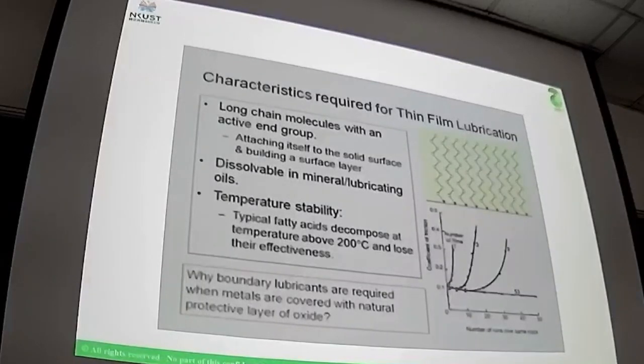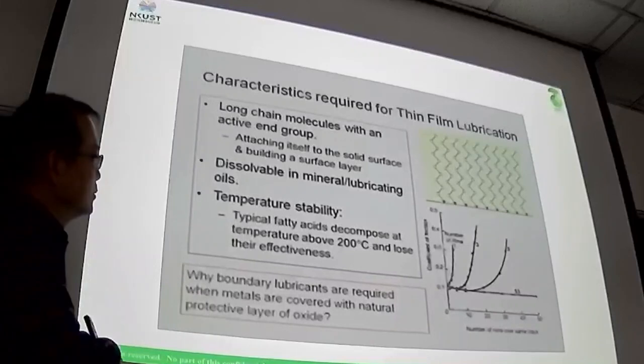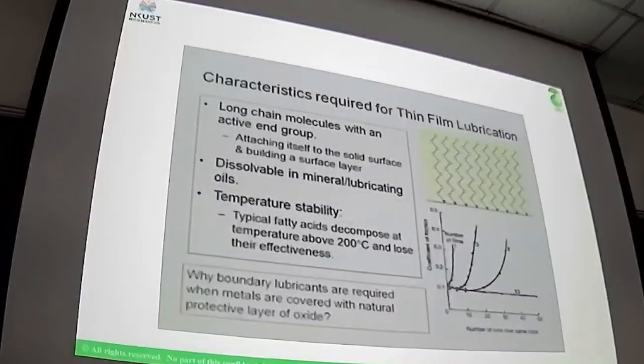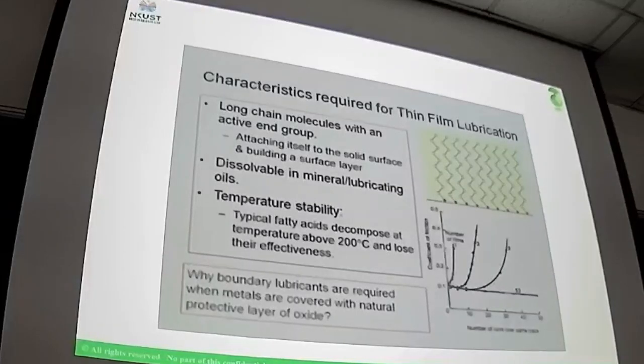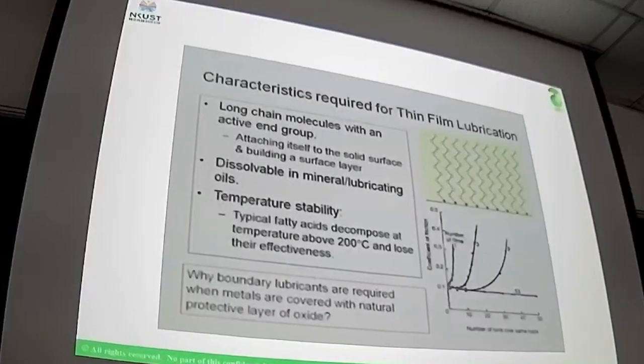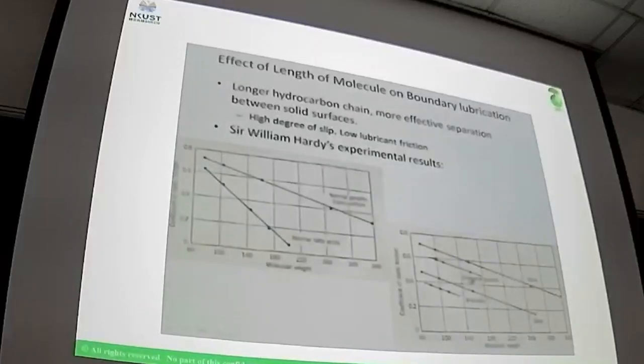Typical fatty acids decompose at temperatures above 200 degrees Celsius and lose their effectiveness. So boundary lubricants of this kind cannot be used above 200 degrees.